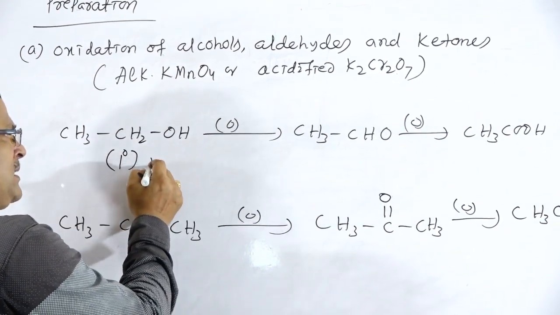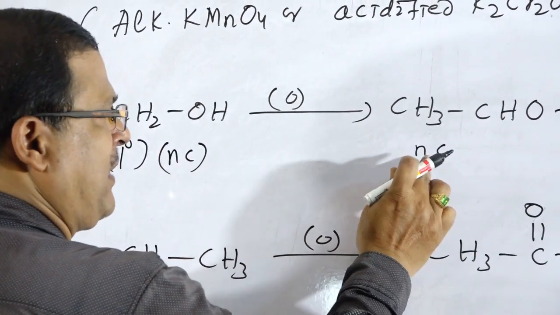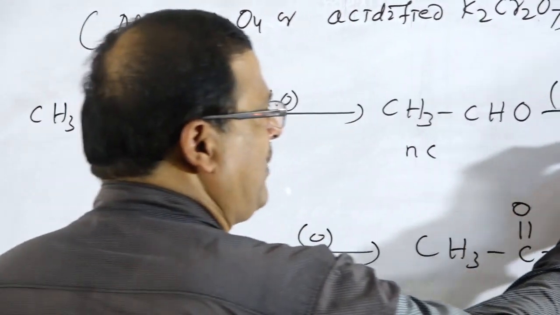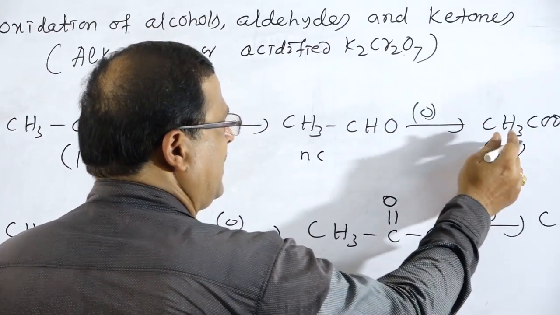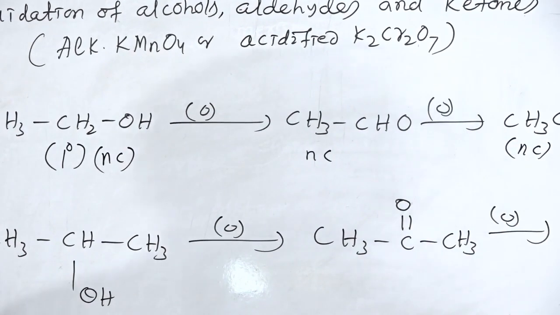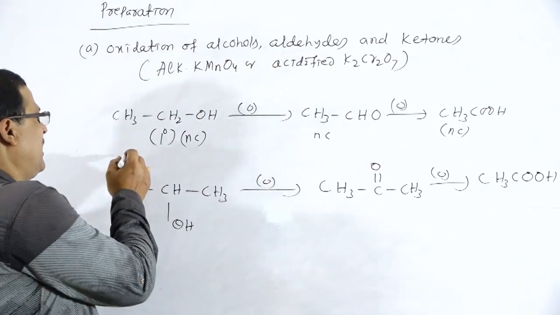That is, the number of carbon atoms is n in all these cases, and the value of n in all these cases is 2. We have taken the primary alcohol, that is ethyl alcohol.